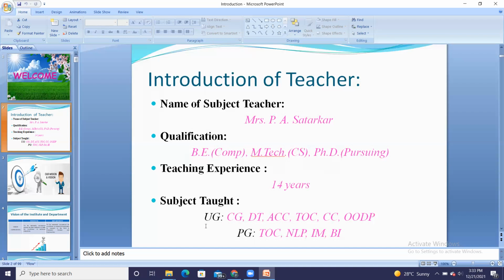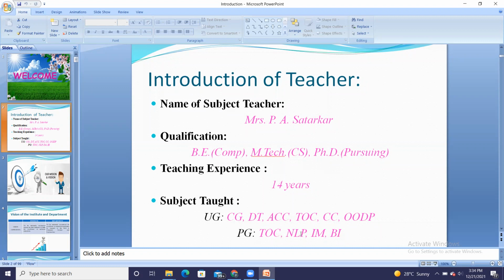So total subjects I have taught are computer graphics, digital techniques, advanced C concepts, theory of computation, compiler construction, and object-oriented design and programming. For PG, that is for ME, I have taught theory of computation, natural language processing, IM, that is industrial management, and business intelligence, BI.